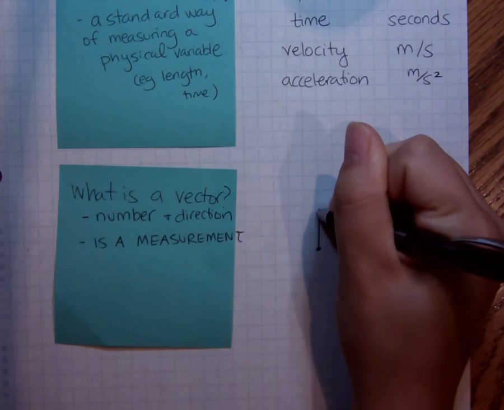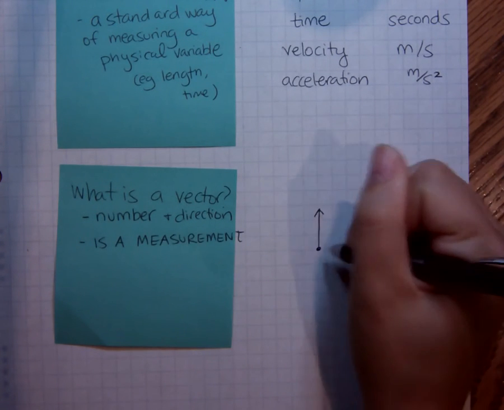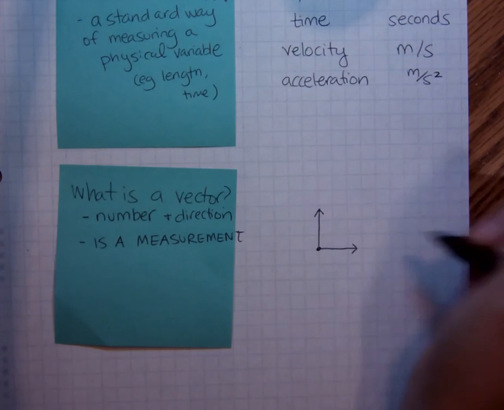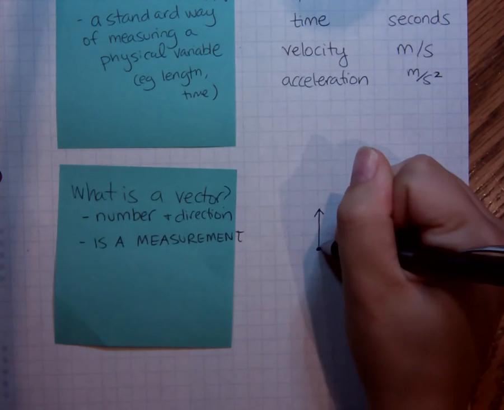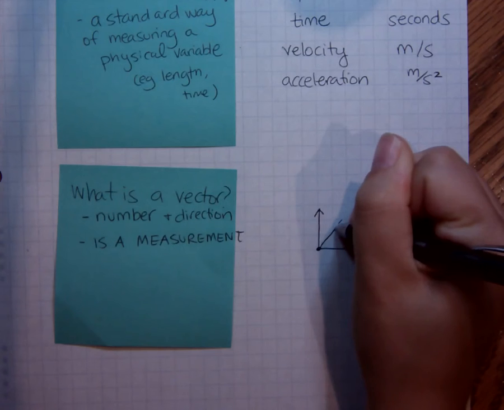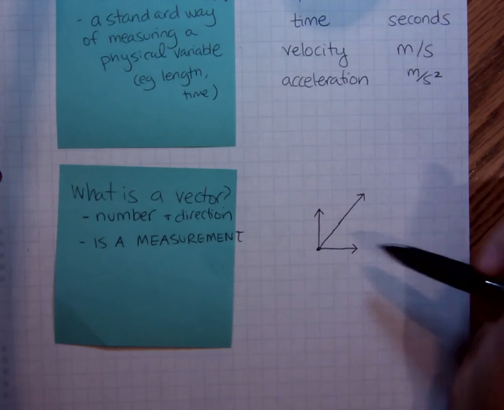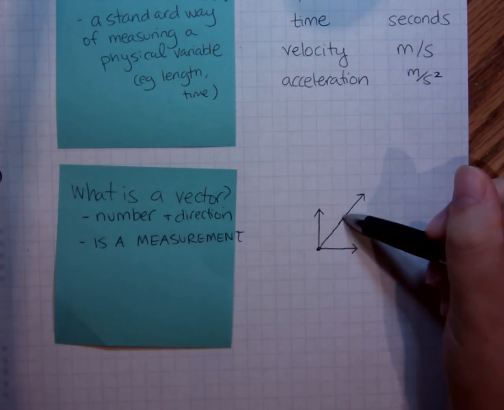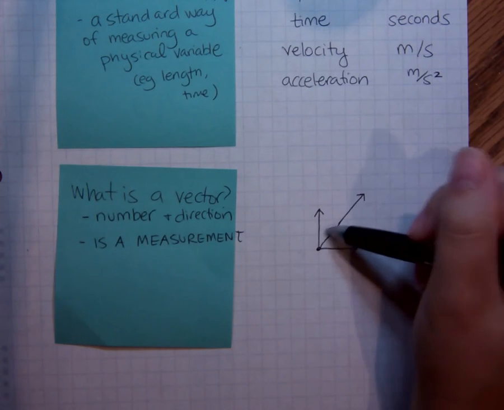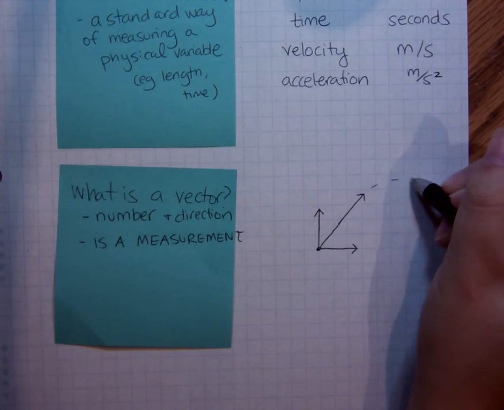Did I launch it straight up? Did I launch it straight to the side? Did I launch it at an angle? You need to know this piece of information, this direction, in order for us to know the path of the projectile.